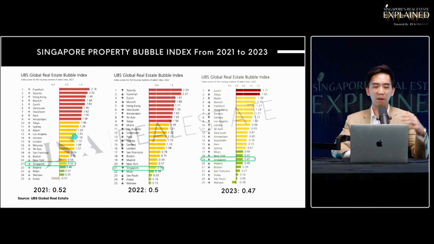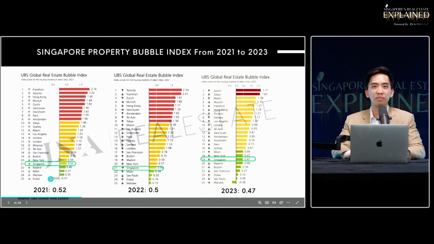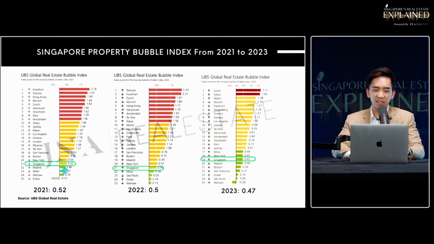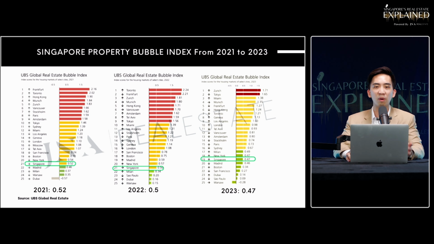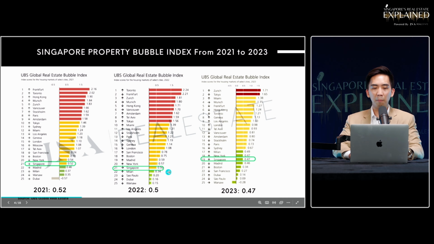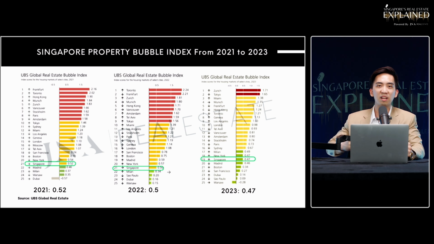If you look at Singapore, very interestingly, in 2021 it's going at 0.5 to slightly overinflated, but still closing to the fair value portion, which is interesting because Singapore prices have been rising from 2020 to 2021. And the most interesting fact is that in 2022, although the price of property actually went up, because our economic fundamentals and our income have been rising in tandem, and the global economic output is also strong, the number still lay at 0.5, which means the bubble actually shrunk and is less likely to collapse.